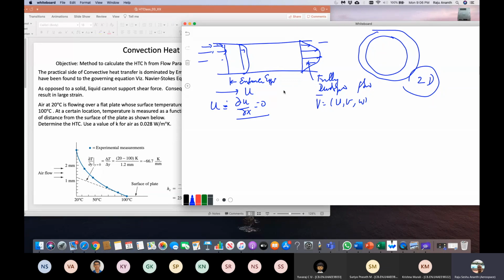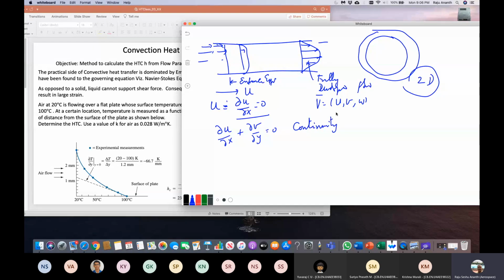Okay, so only very simple problems, like Poiseuille flow, if it is laminar. You find the continuity equation is du/dx plus dv/dy is 0. We'll prove all this.